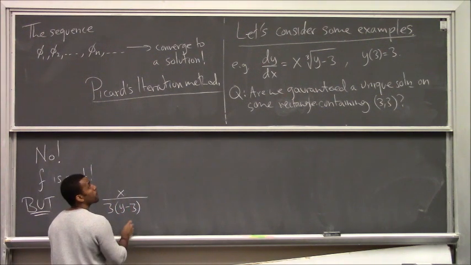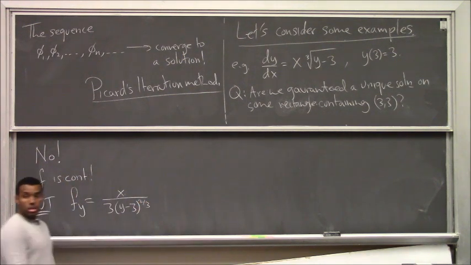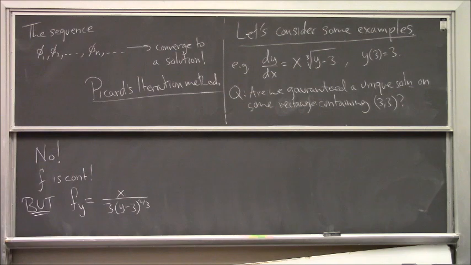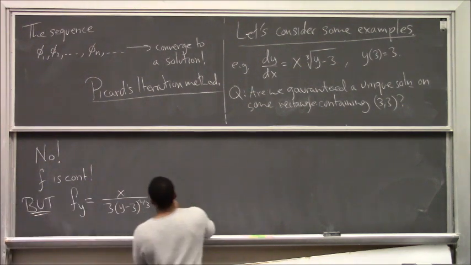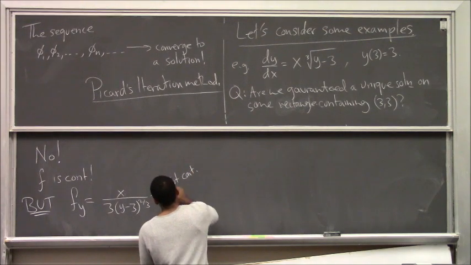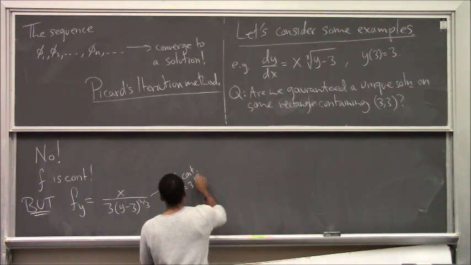And I'm going to subtract 1 from the exponent, so it's going to be minus 2/3, right? Now that's a problem at 3. Because if you get 0 there, it's not continuous at y equals 3.